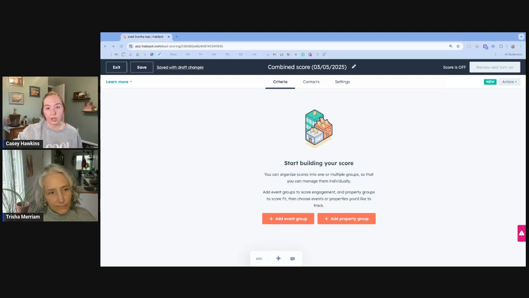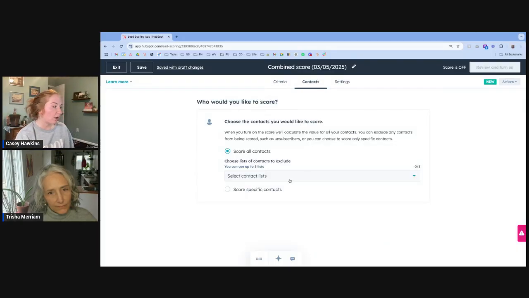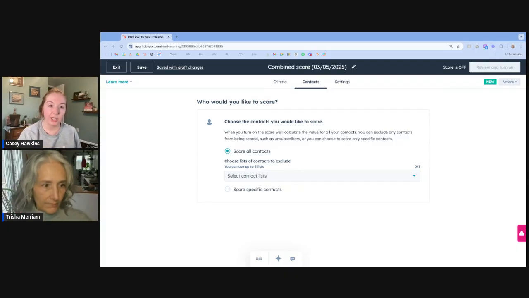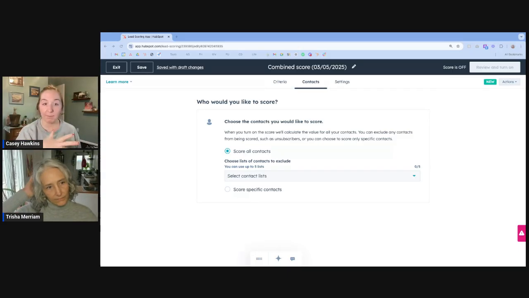It may also have different criteria. A lot of times I'll only include people here that have MQL'd, or in the case of a company, your company is already MQL'd. And so now we're coming back to these leads from there. Does that make sense?